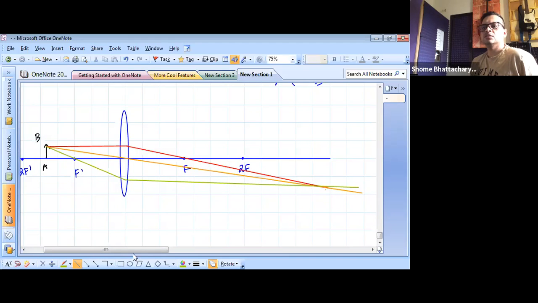It becomes parallel to the principal axis after refraction. I'm just drawing some rough diagrams, so it's not exact. But this will show you the point that we're discussing, that the image is going to have those properties.